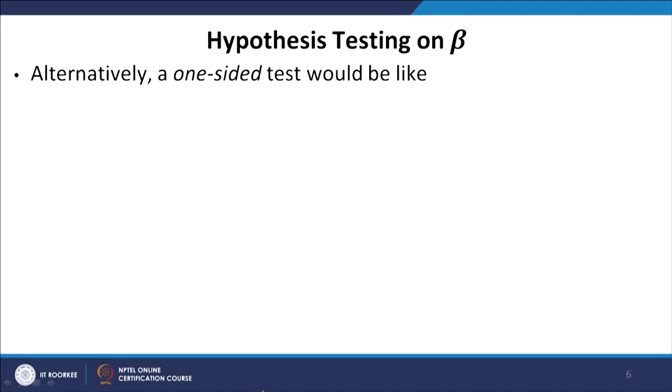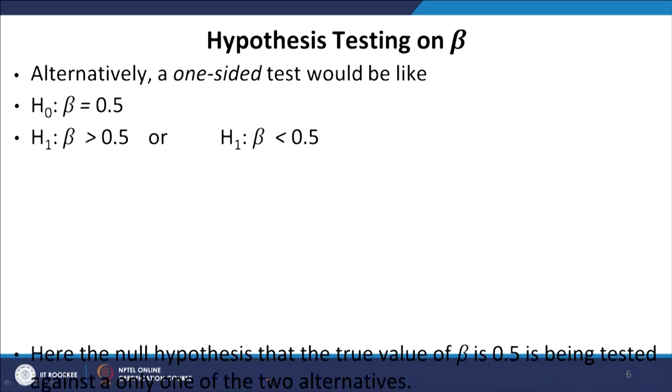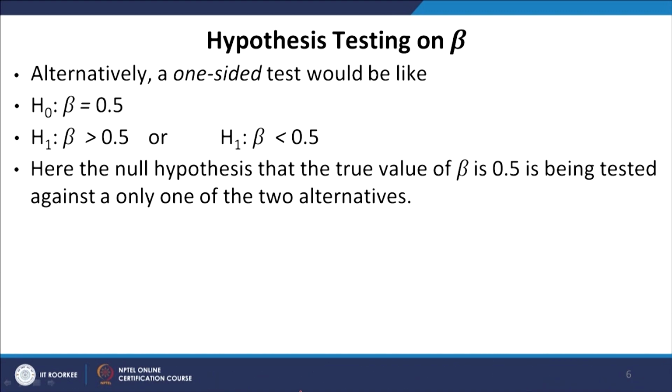Alternatively, a one-sided test would be like H naught: beta equals 0.5. The null hypothesis is always in terms of equality, while the alternative hypothesis is either beta greater than 0.5 or beta less than 0.5. Here the null hypothesis that the true value of beta is 0.5 is being tested against only one of the two alternatives.